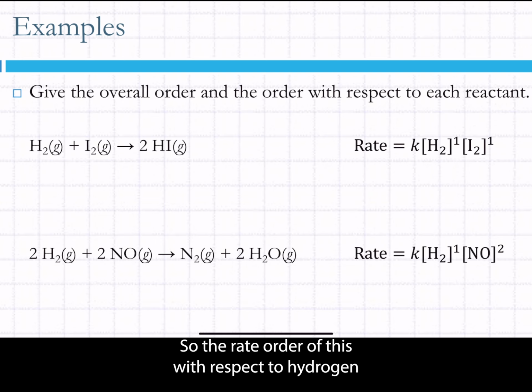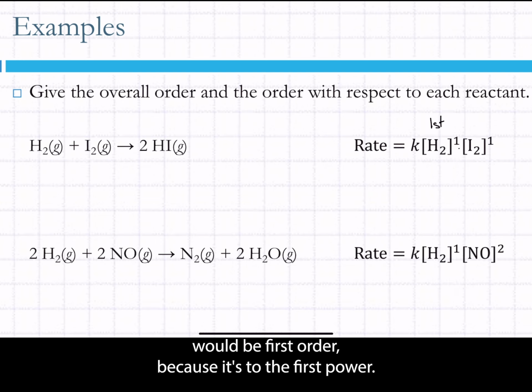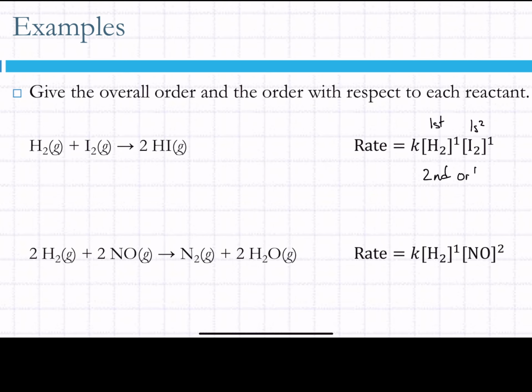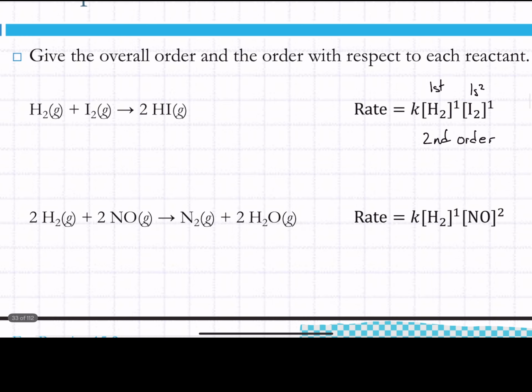So the rate order of this with respect to hydrogen would be first order because it's to the first power. It would be first order with respect to iodine. The overall rate would be second order, just adding those exponents together.